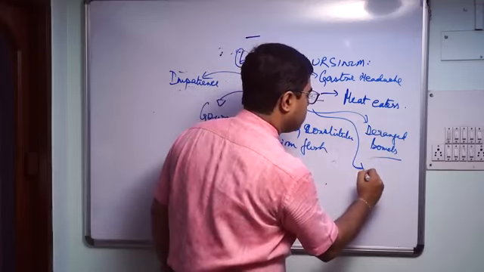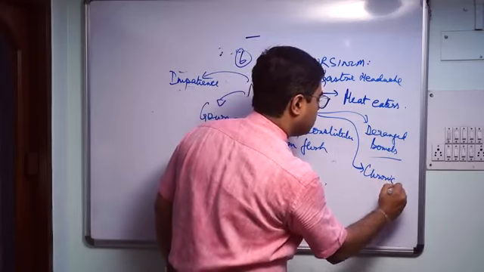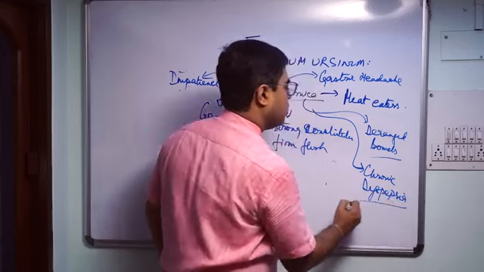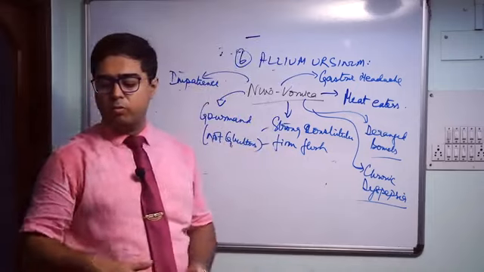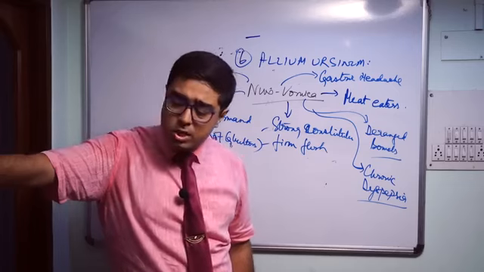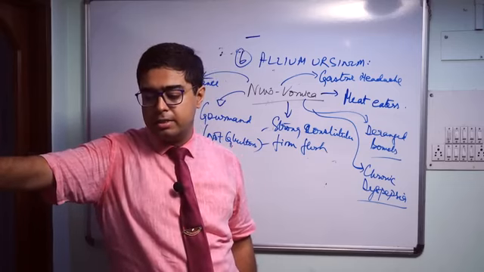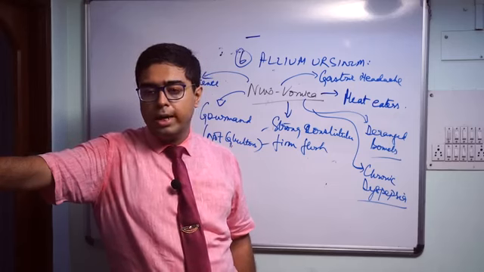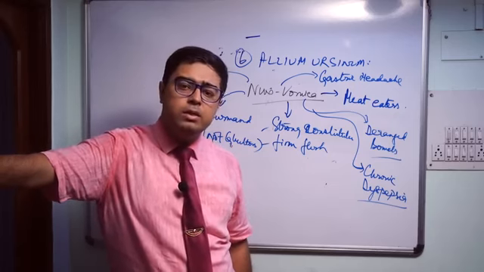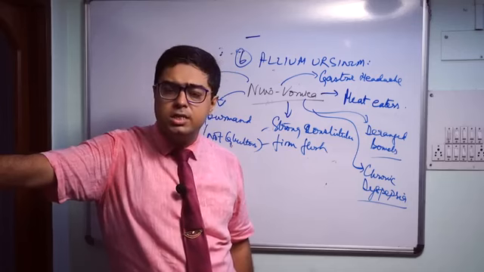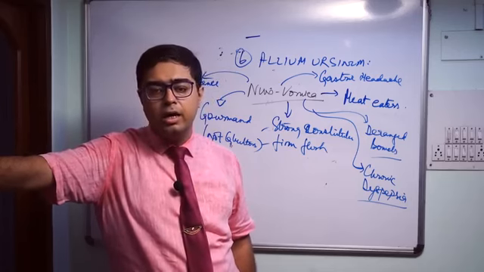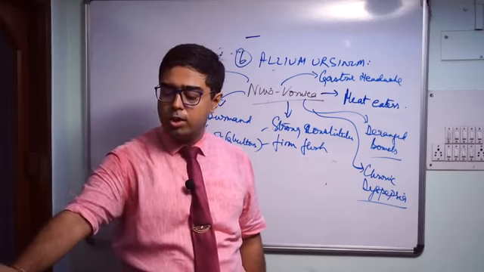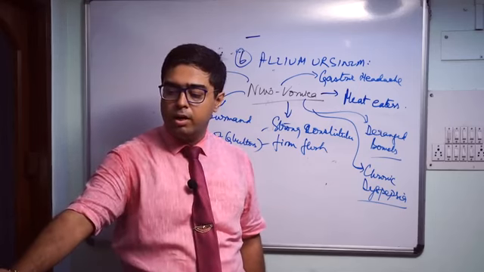Another factor is chronic dyspepsia, with deranged bowel movement, with irregular bowel movement, which is caused by the irregularities of the diet, and that is also very important for Allium ursinum as well. You know, garlic has been used in ancient times as a condiment, and garlic is really good for the bowels and the digestion, so that's also an important factor for Allium ursinum.